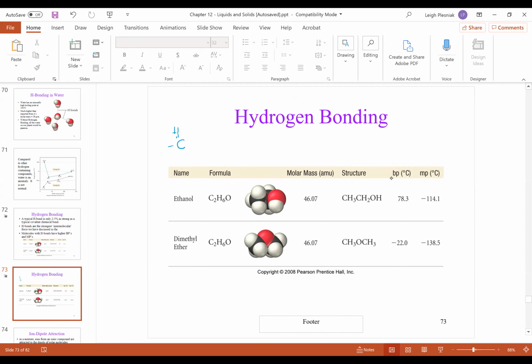Carbon attached to 3 H's, another carbon-carbon bond, and an OH group. This is dimethyl ether.